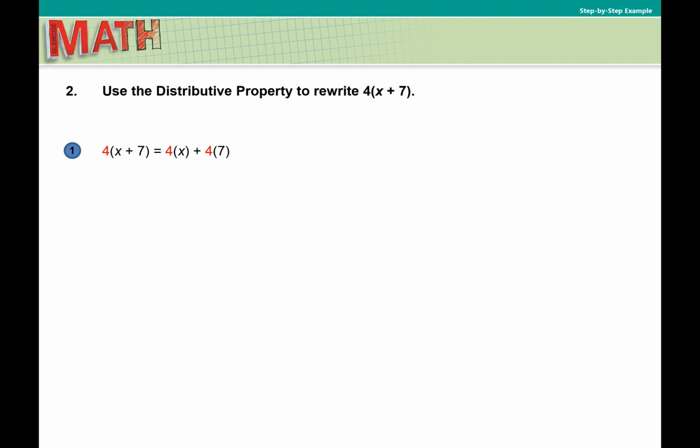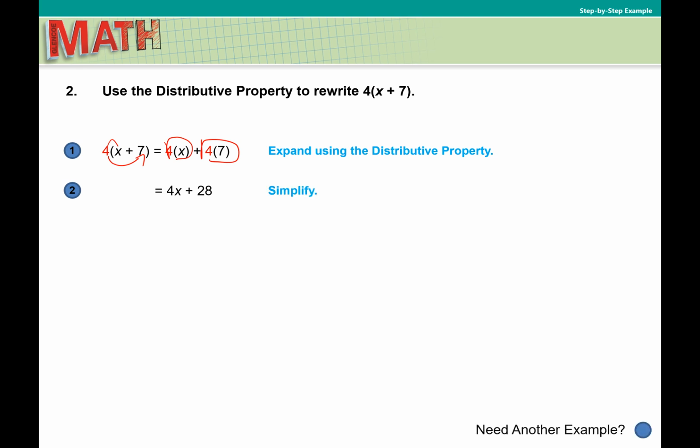Okay, so first of all, we're going to expand this problem out. Take this term here and multiply it times each of the individual terms on the inside of the parentheses. You get 4x, you get 4 times 7. Put that together and you get 4x plus 28. And that's all you can do. That's as far as you can go.